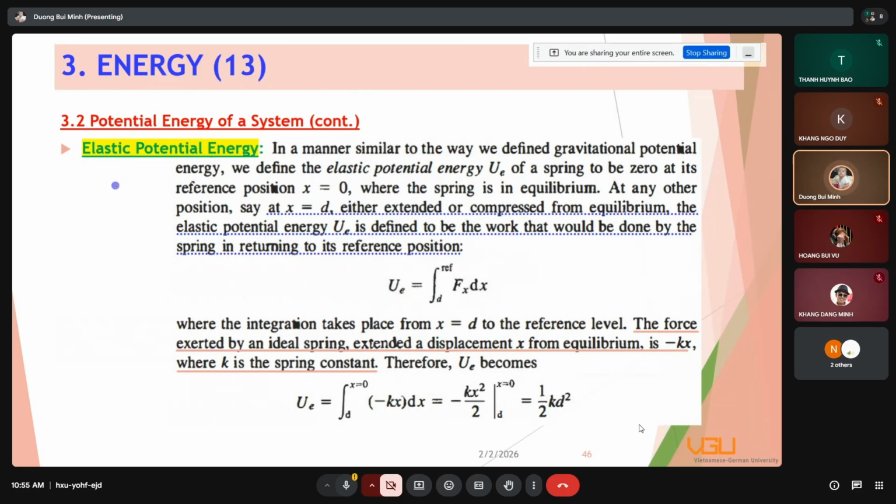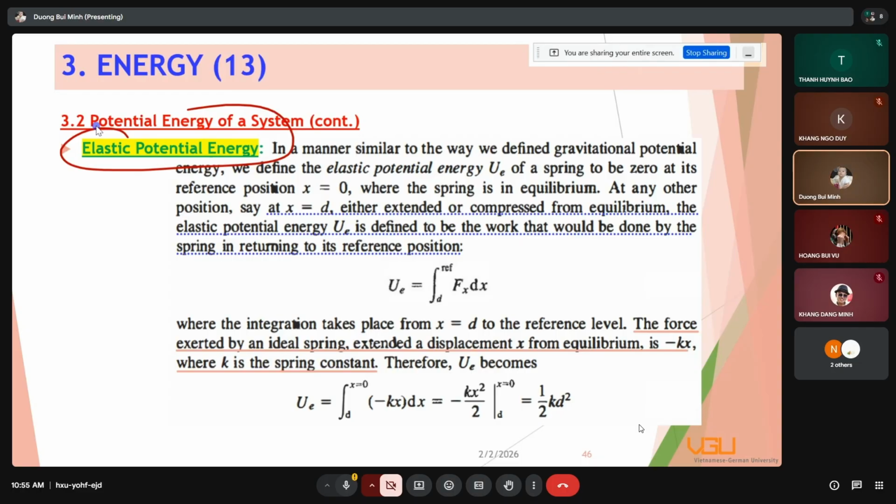Now we go to another one, elastic potential energy. Elastic potential energy is produced by a spring. So if we have a spring, we have elastic potential energy.